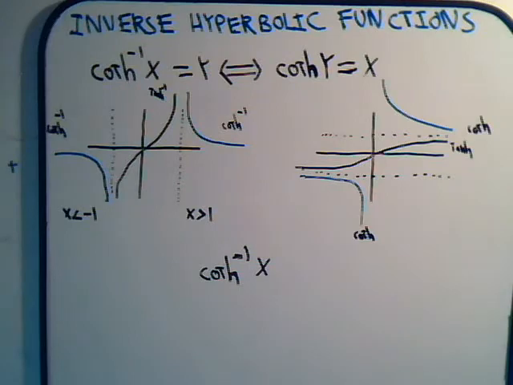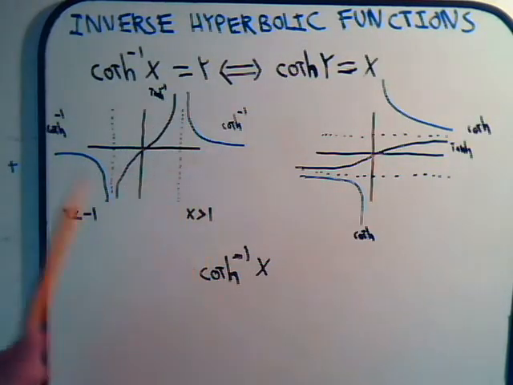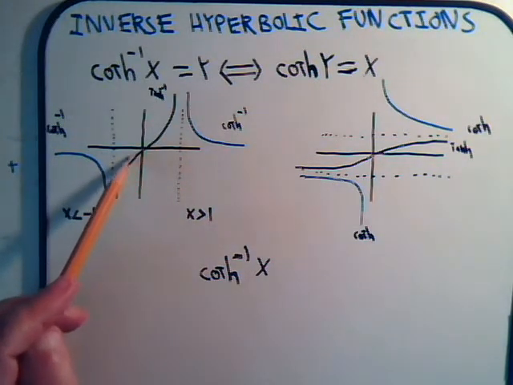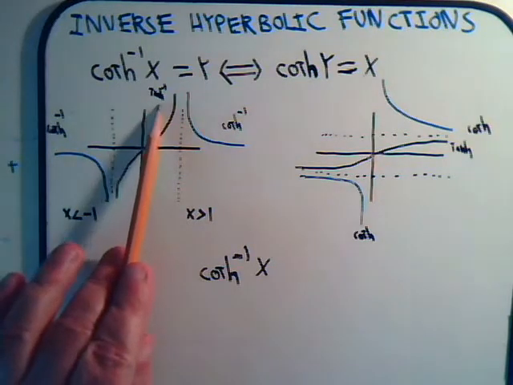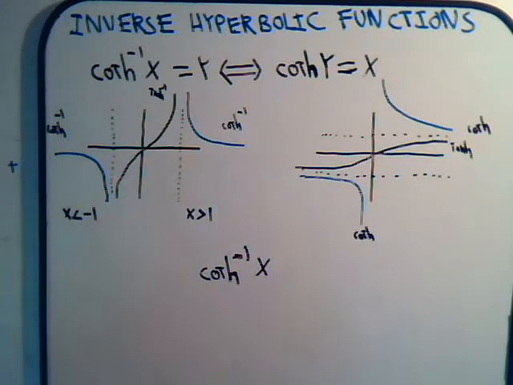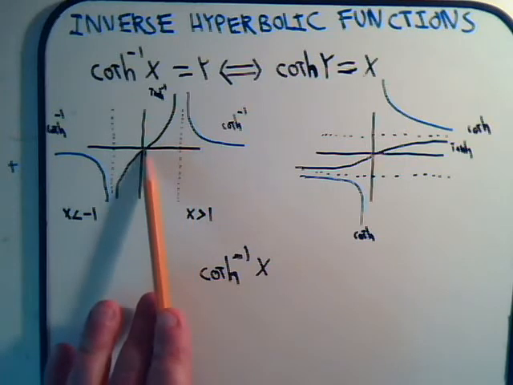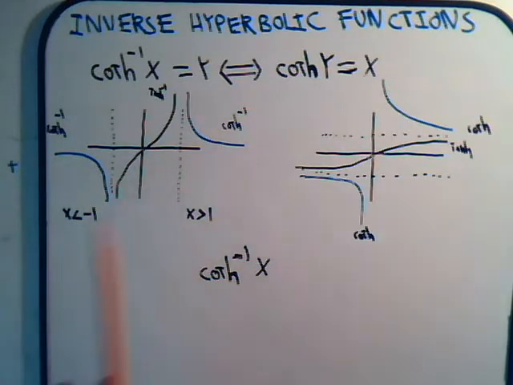Now here we have the inverse hyperbolic cotangent, and then in black we have what we've done before in previous videos. This is the inverse hyperbolic tangent. x approaches the maximum value of x equal to 1, and here it approaches its minimum value of x equals negative 1.